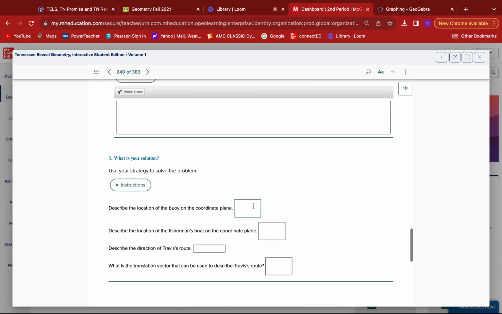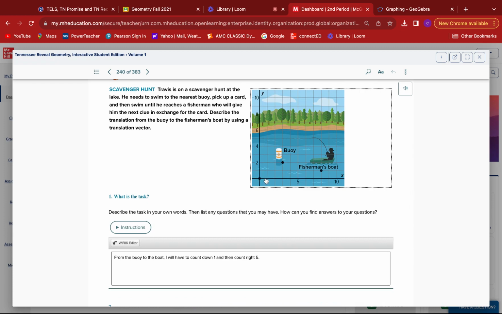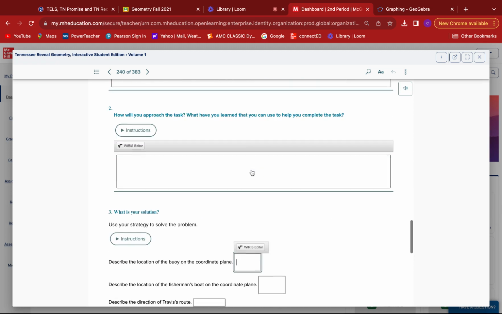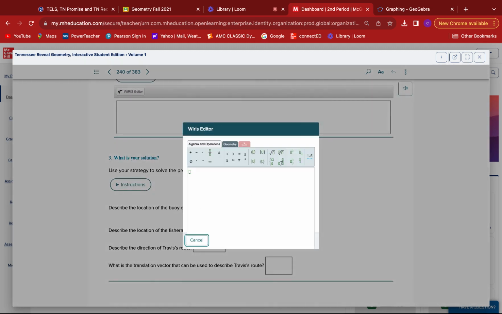So what's your solution? Describe the location of the buoy in the coordinate plane. All right, so that's going to be the ordered pair 1, 2, 3, 2. The ordered pair 3, 2. All right, so I need an ordered pair.